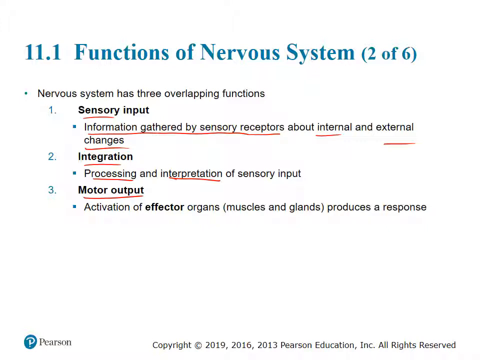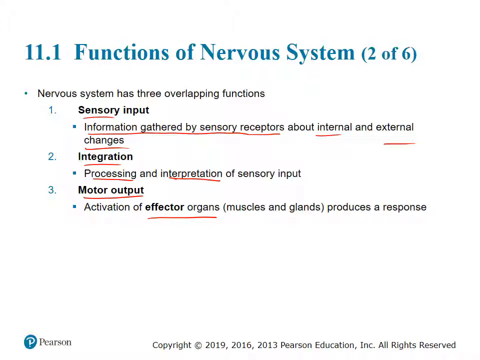It's going to process the information, interpret the information, and many times respond to it. After it's processed and interpreted, it responds in some way to that information, that sensation, if you will. And that's really the third side, the motor output. The motor output is talking about the effect: what is the effect of the sensory integration, and then what is the output?